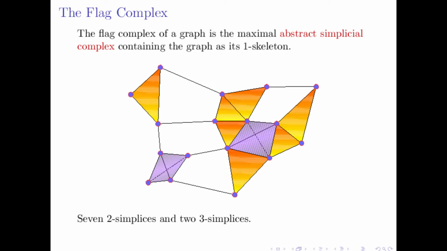So the two simplices are the orangey ones, and the three simplices are the purple ones, and all the rest you see is not filled because there's no triangle, there's no three simplex or anything else of the sort. So these remain empty, okay? Which means all you have there really is just the one simplices here. Okay, so that's the flag complex.